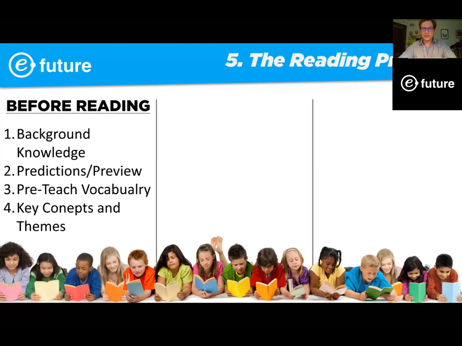What do they know about the story? You want to have them make predictions. Give them previews of the story beforehand. And pre-teach vocabulary. Vocabulary should not be a big roadblock to reading. They should be comfortable with it before they read. And then if you want, you can introduce key concepts and themes, okay?